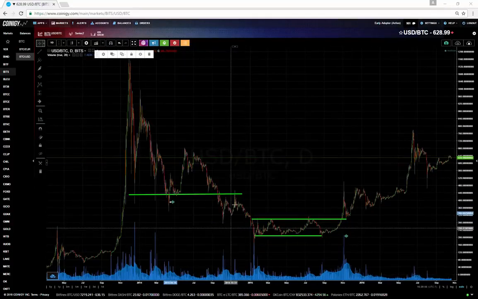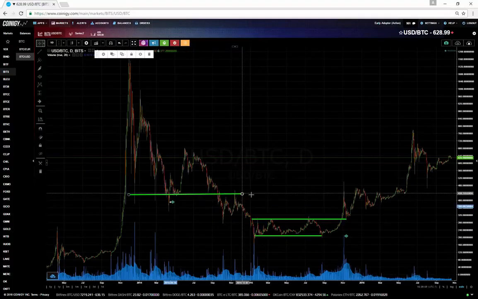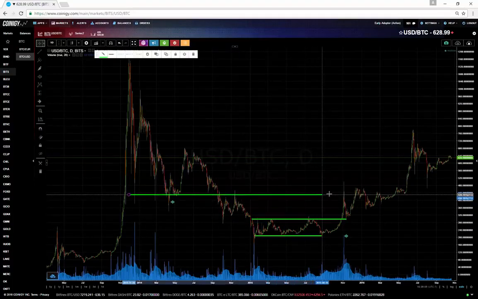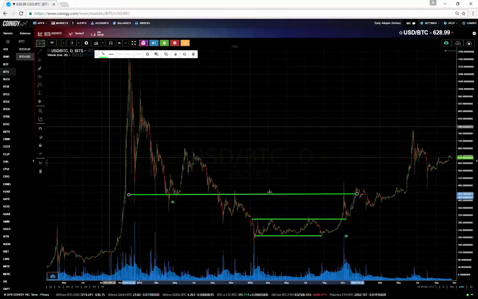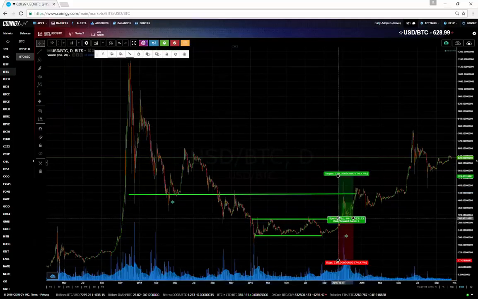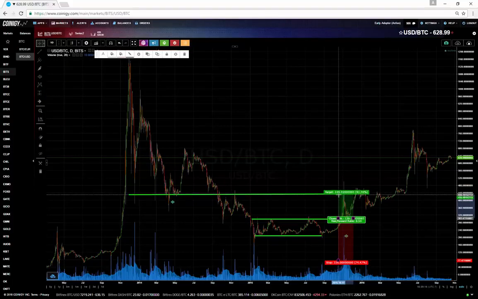So if you were to eyeball and ballpark this and say, okay, there's a lot of support and resistance through this area, then if we get a breakout above 300, you can measure your risk to reward. You could say, all right, I'll take profit right around prior support.